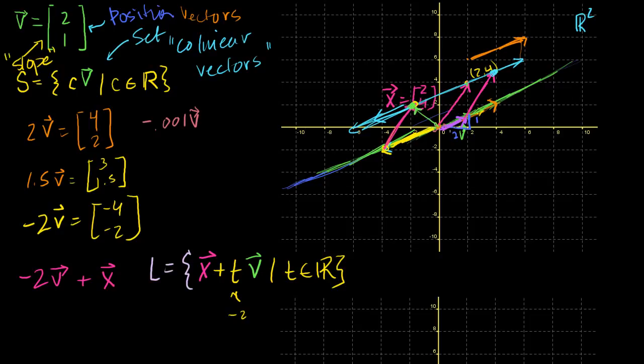I could do that with anything. If I take some scalar times my vector v, and I add x to it, I end up with a vector whose endpoint, if I view it as a position vector, dictates some coordinate in the xy plane. So I can get to any of these vectors. This is a set of vectors right here.